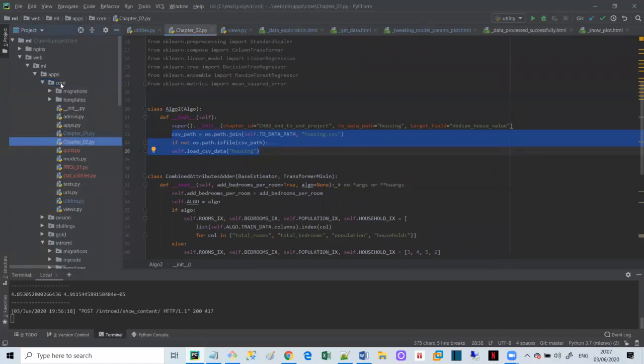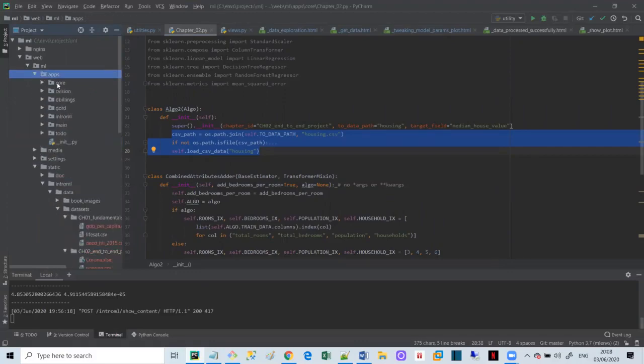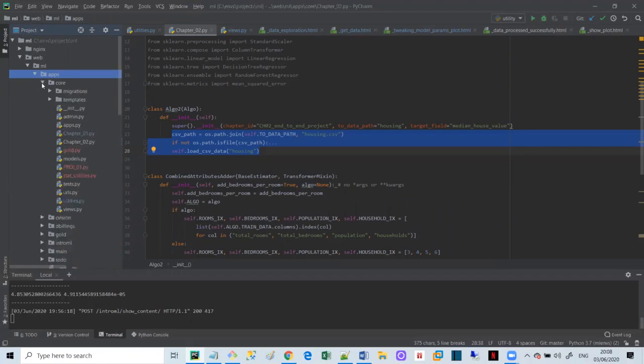This file is under the core application, which is under the applications folder. The applications folder has several applications. In the core we usually put core code, and the code for preparing the objects for chapter 2 is right here.